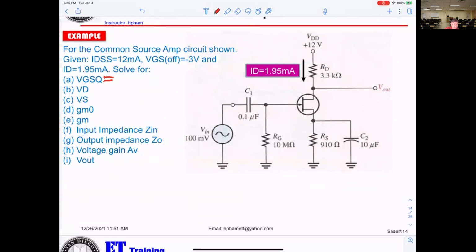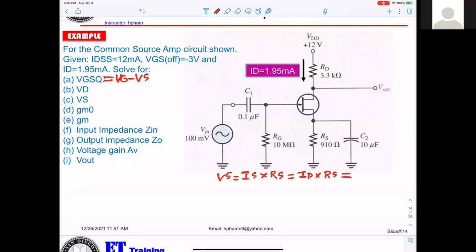And basically you understand VGS equal VG minus VS. In this case, what you need to do is calculate the VS. 1.77.